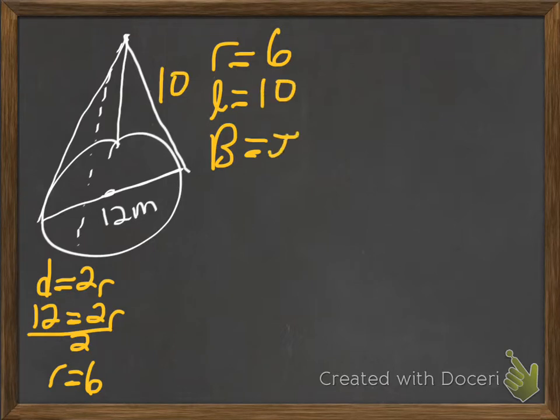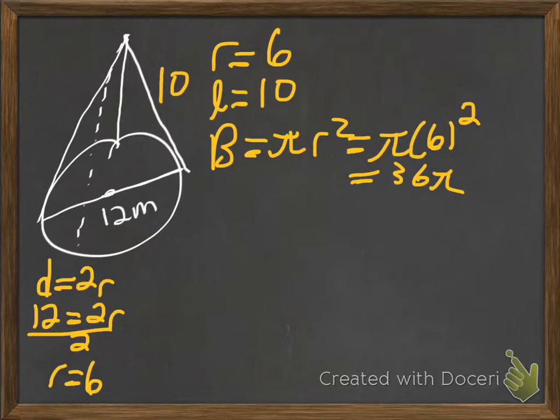And so base area is pi r squared, which would be pi 6 squared, 36 pi, or 113.097, so 113.1.